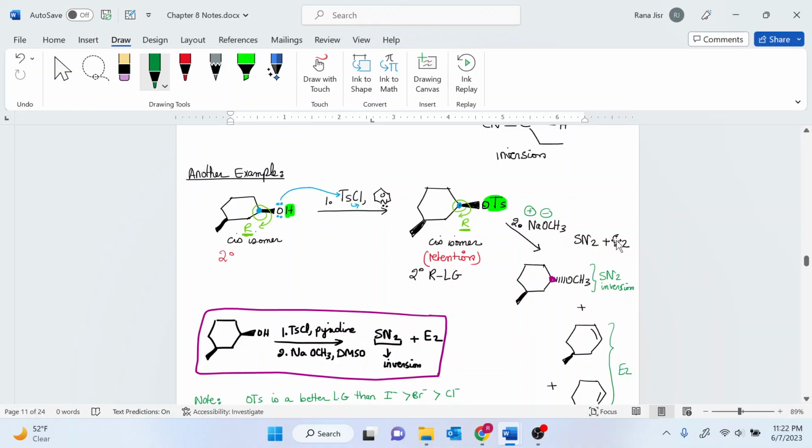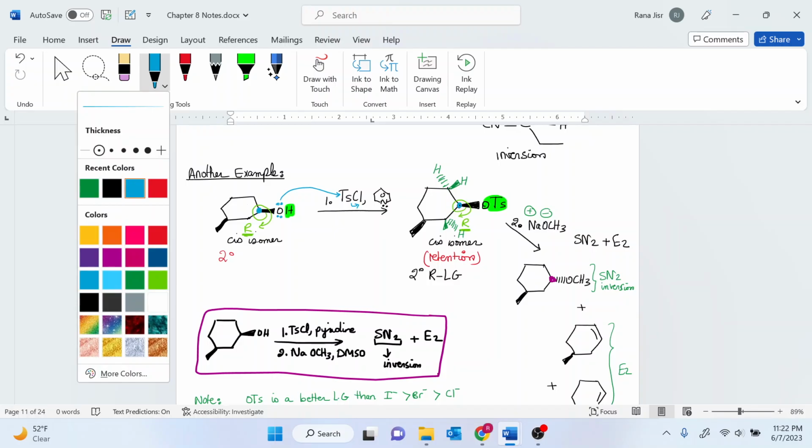Remember that E2 elimination happens whenever your hydrogen and the OTs, the leaving group, have to be anti-periplanar with respect to each other. So here I have two beta hydrogens. What you need to look for is the hydrogen that is opposite to the OTs.